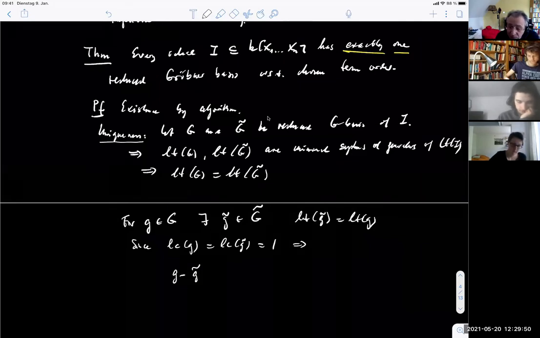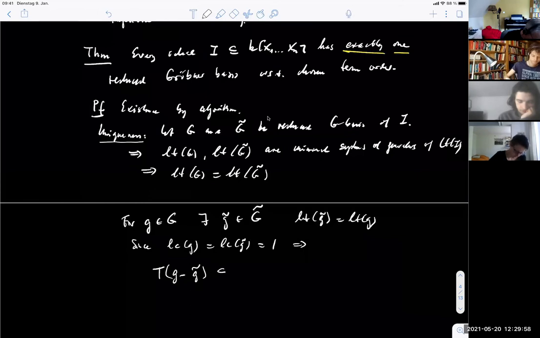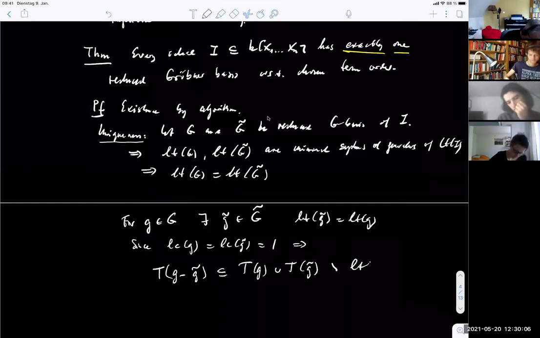They have the same leading term, both with coefficient 1, so it goes away. So the term set of this is a subset of the union of the terms of g with the terms of g twiddle, but the leading term of g is not there anymore. This one I removed by the subtraction.